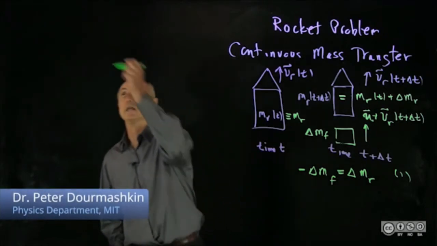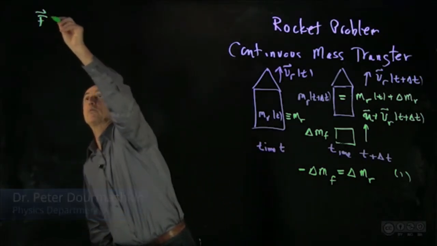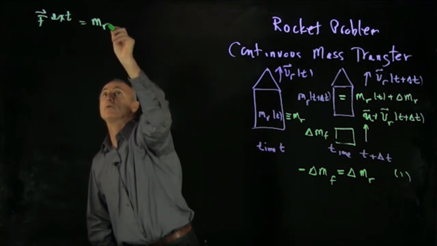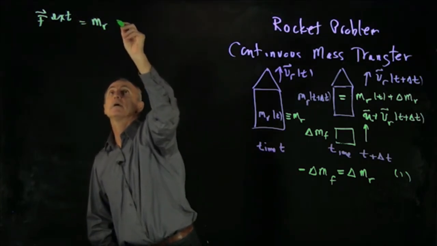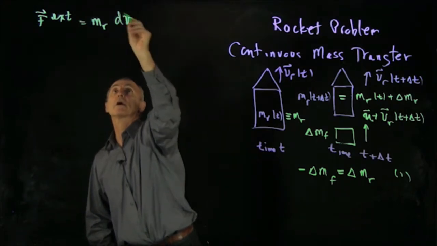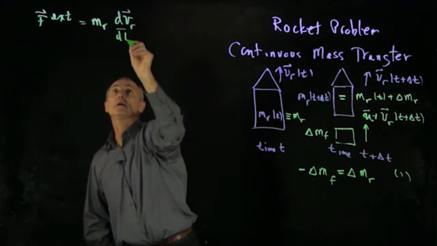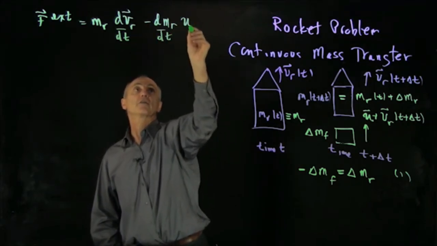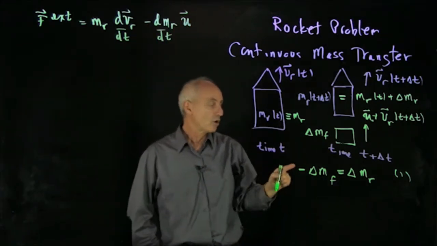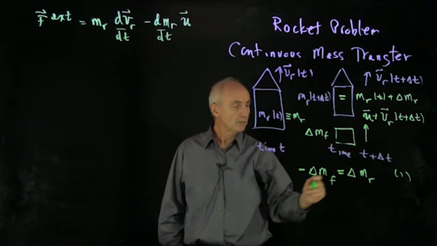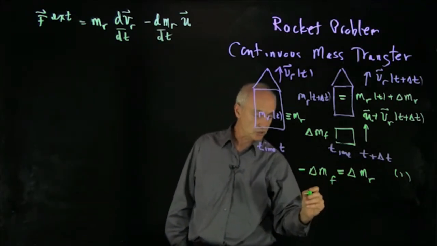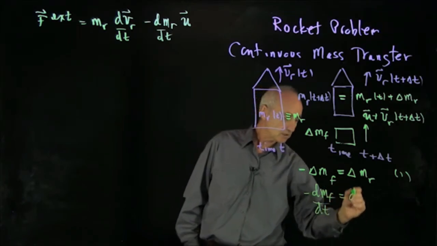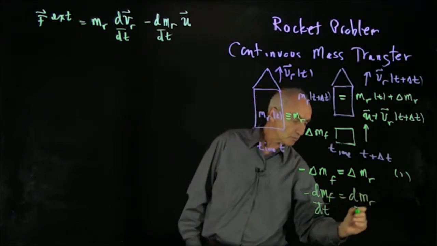For our rocket in an external force, we had the rocket equation, which we wrote as mass of the rocket, now remember, this is a function of time, times the derivative of the rocket velocity, dv_r/dt. And we also had this second term that came from the ejecting fuel. Now, from our mass conservation equation, we can rewrite this as a differential relationship that the change of mass of the fuel in time is equal to minus the change of the rocket.